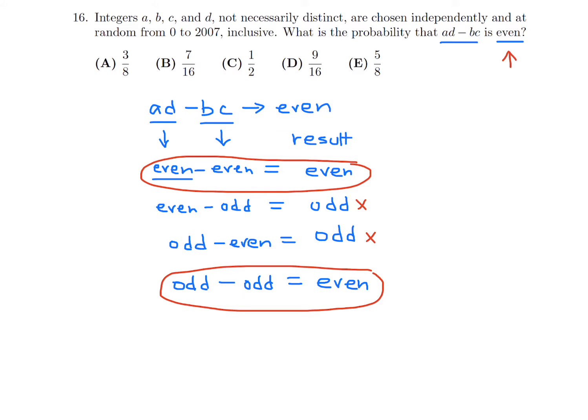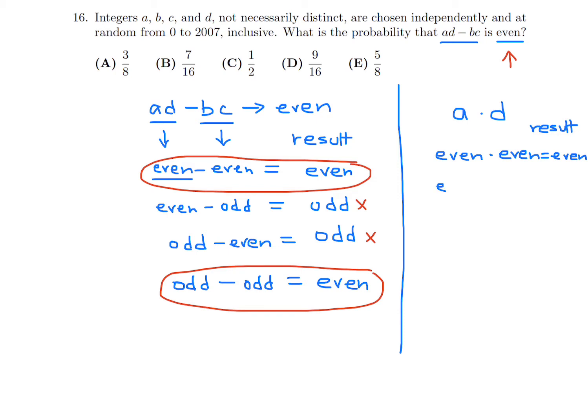So I'll make a little comparison table here. A times D, and what is the result? If A is even and D is even. See what I'm doing here? Now I'm looking at what happens when you multiply. What is the result? Even times even. Well, it's even.